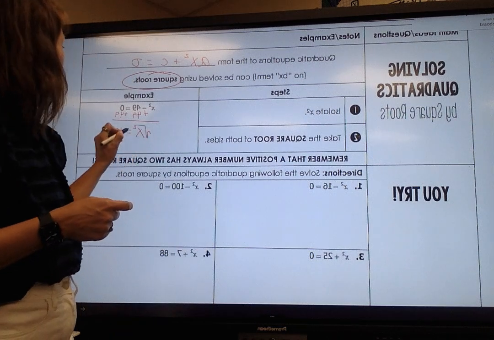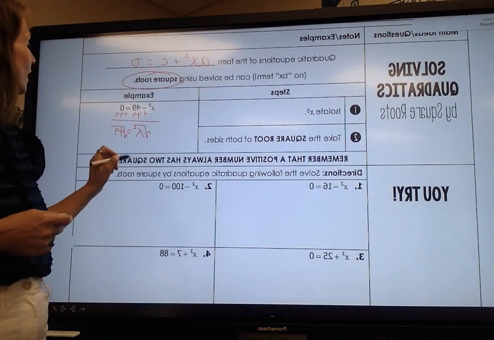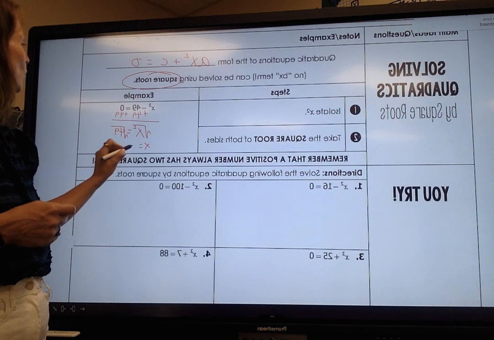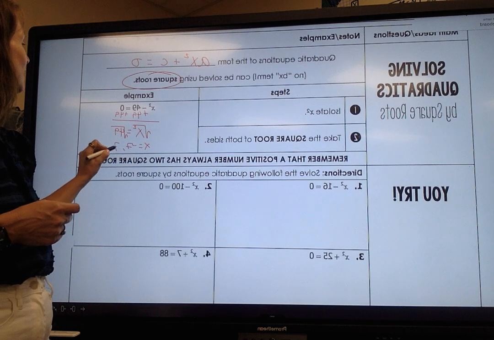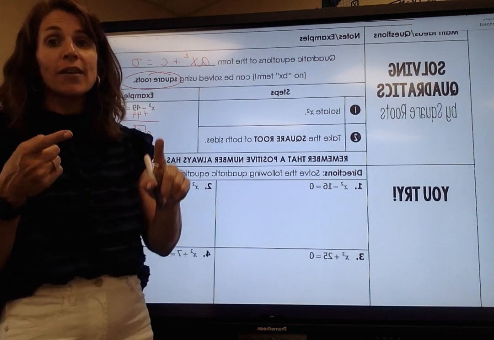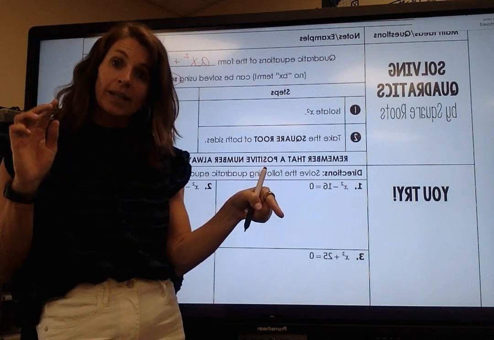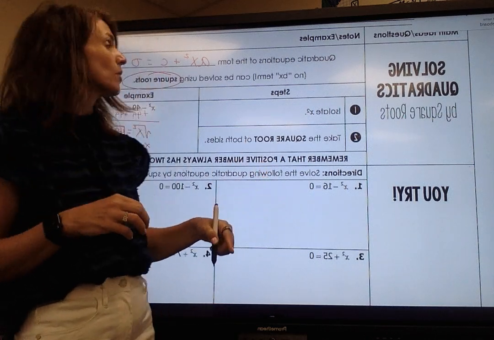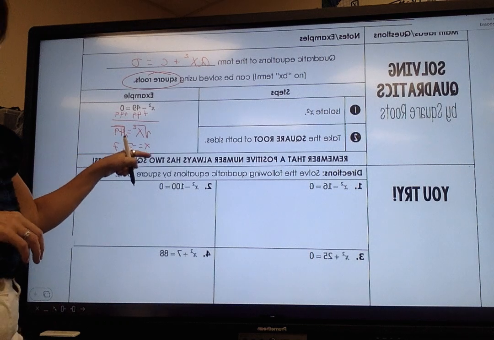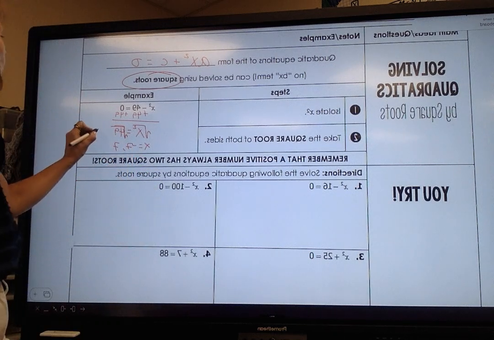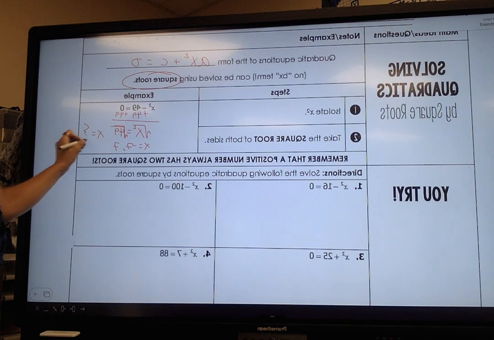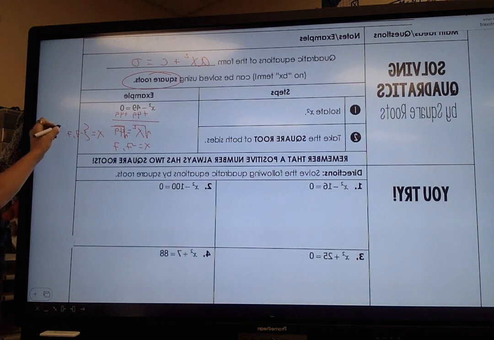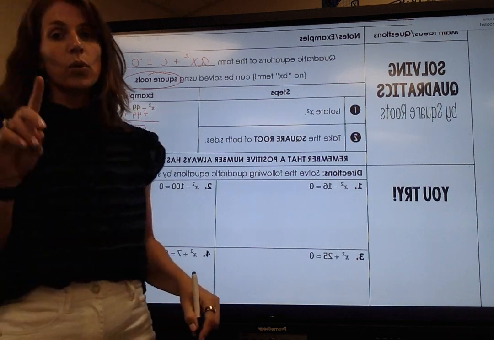So I'm going to take the square root of x squared and the square root of 49, and I get x equals negative 7 and 7. Remember, a negative 7 times a negative 7 is 49, and 7 times 7 is 49. So you have two answers here. Make sure that it's in bracket form, least to greatest, because we have more than one answer.